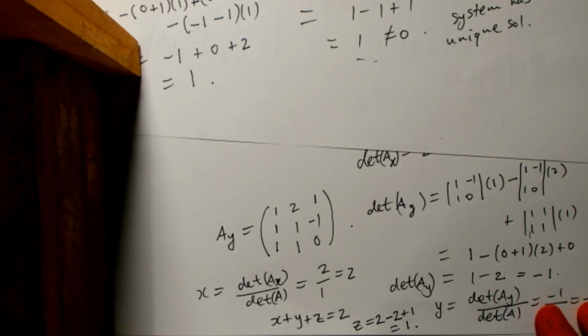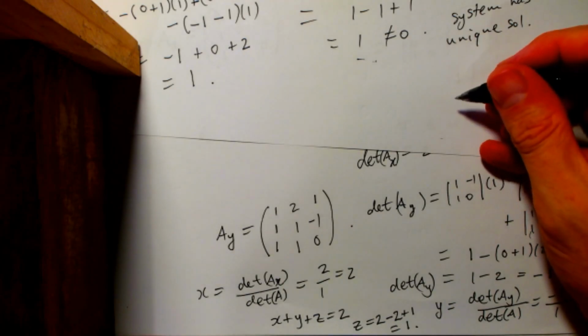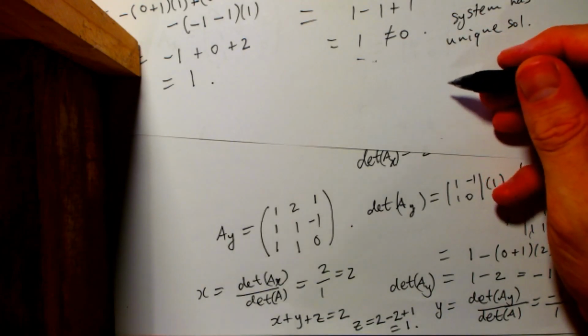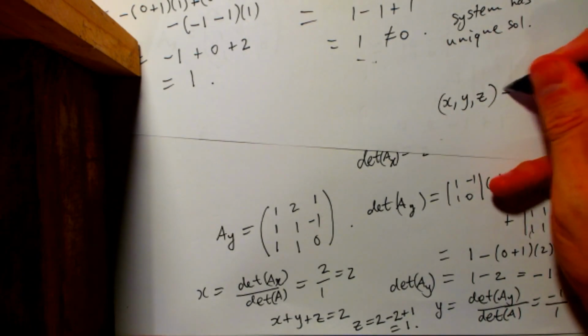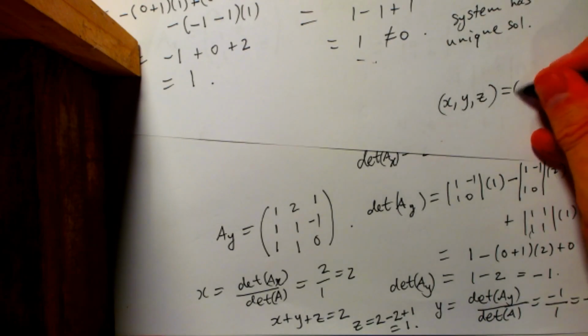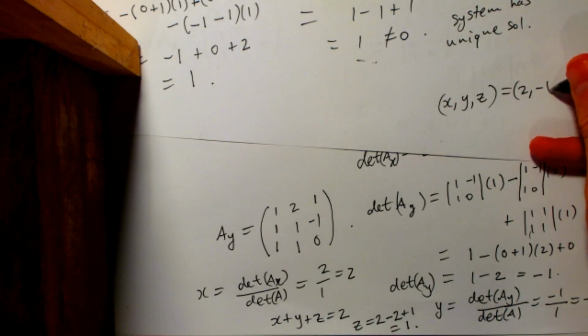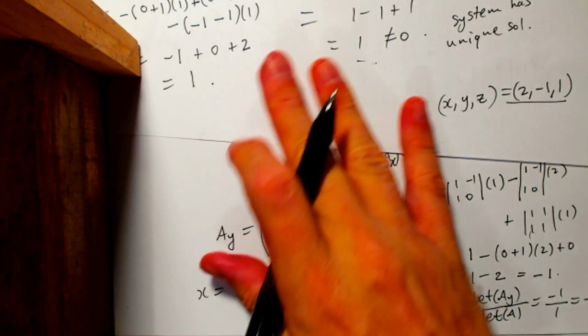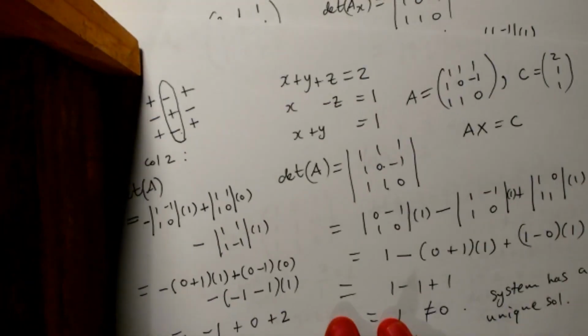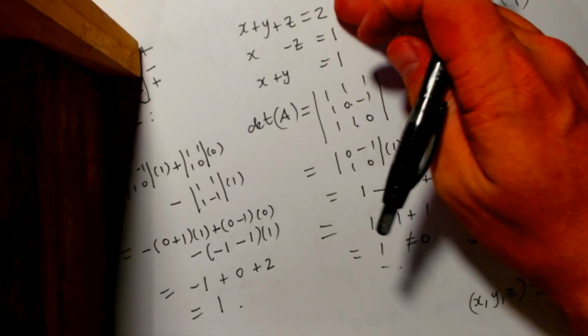Okay, so that gives us a point of intersection of the three planes. At the point of intersection of the three planes, x, y, z is 2, minus 1, 1. So here's our point, 2, minus 1, 1, a point of intersection of these three planes right here.